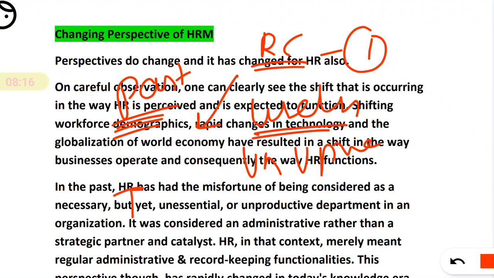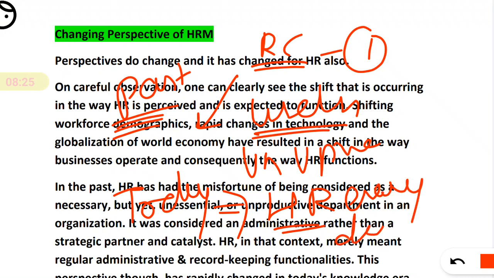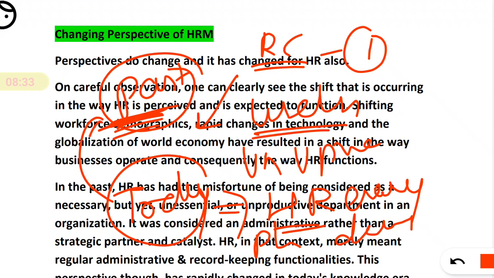But right now, what is today's situation? HR is involved in almost every decision and planning. So the importance of HR in the past and today is changing. Their work is also changing, and the responsibilities of HR functionaries are also changing.